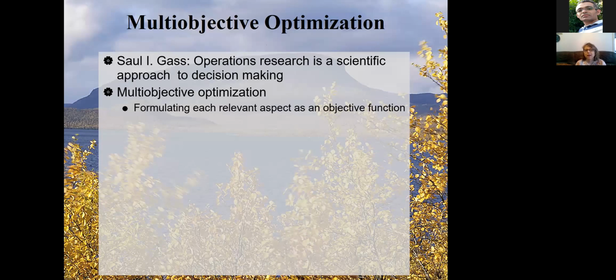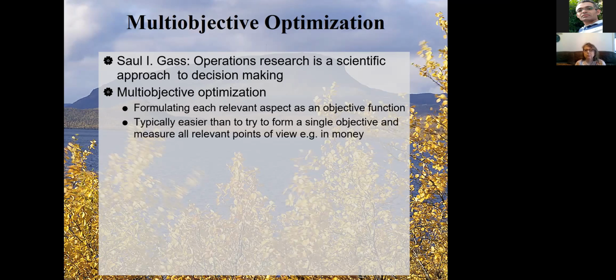By formulating different relevant perspectives and aspects characterizing the goodness of the decision, as I said on the previous slide, we get different objective functions that constitute a multi-objective optimization problem. Typically, it is easier to formulate objective functions that represent some perspective than to convert all relevant points of view to be measured in a single function.